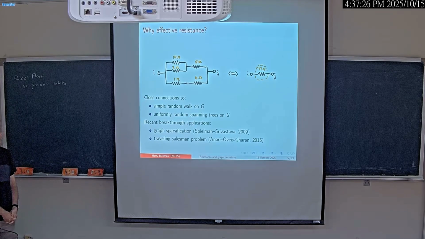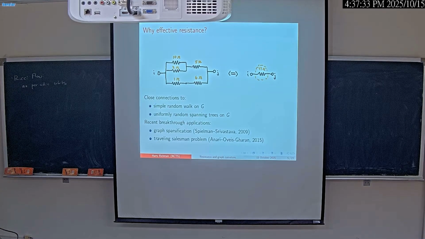So these ideas on the rules on how to compute effective resistance are all fairly old, but they have showed up in recent work as well. This isn't so close to what I'll be talking about today, but effective resistance was used in some recent results in the 2000s for efficient ways to solve the traveling salesman problem and other kinds of applied results.